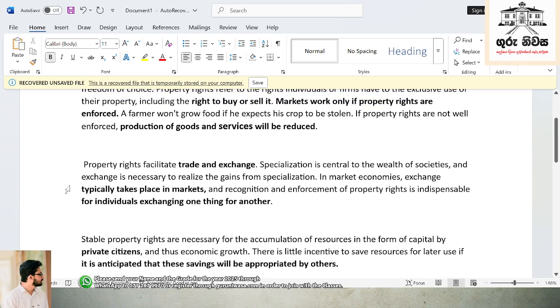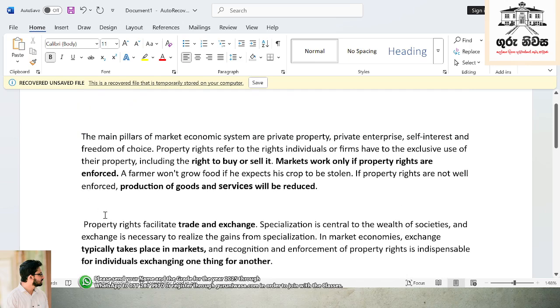Yes, sir. Now remember, property ownership is very important. Number one is for trade and exchange, because the price mechanism plays a significant role in a market economic system, especially in the factor market and the goods and service market. Exchange takes place in these markets.